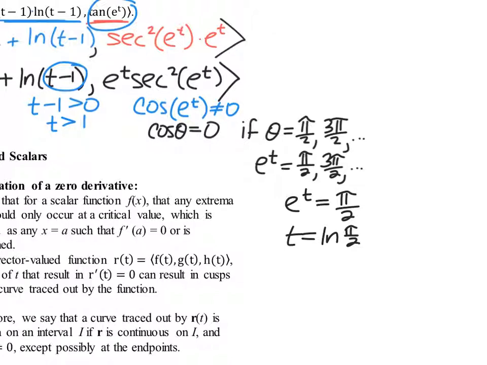Right, so 0.45, so that one would be irrelevant. So the next candidate would be the natural log of 3 pi over 2. So ln of 3 pi over 2. 1.5, so that's just short. All right, so don't need that.